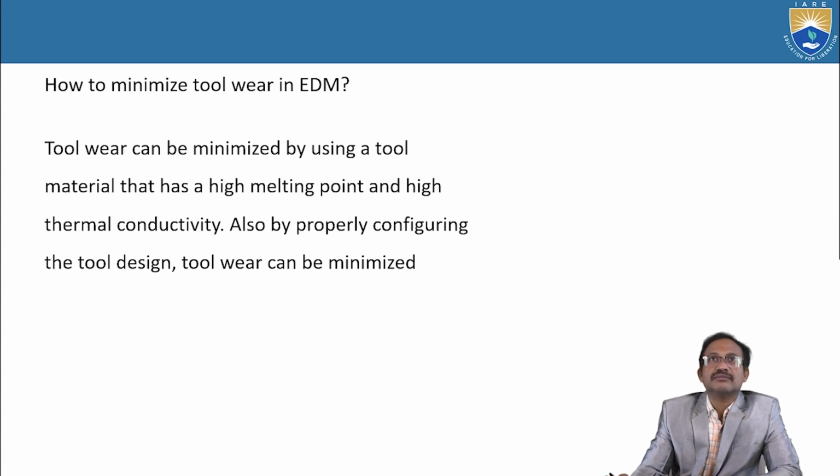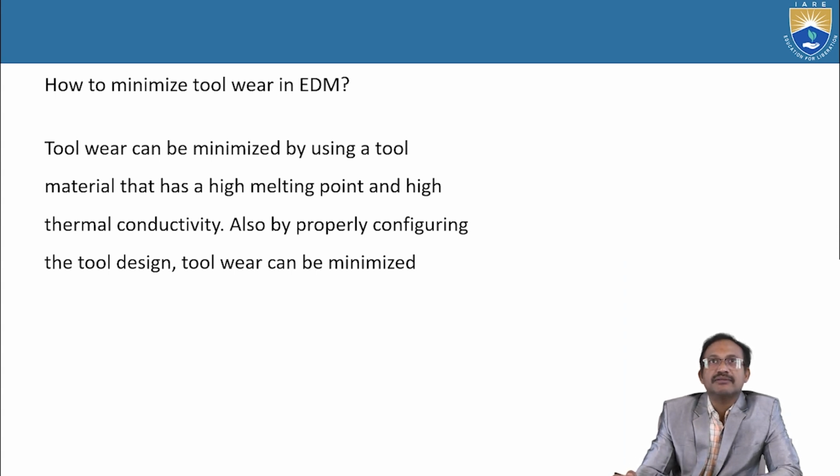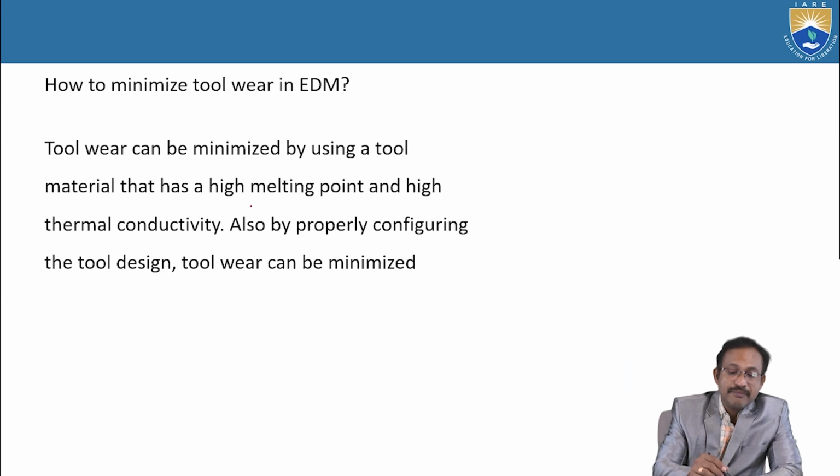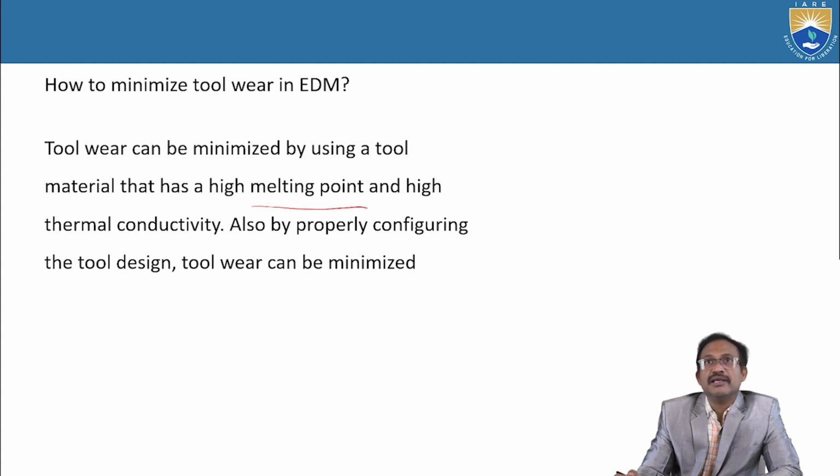How to minimize tool wear in electrode discharge machining? Tool wear can be minimized by using tool material that has high melting point and high thermal conductivity. Also, by properly configuring the tool design, tool wear can be minimized.